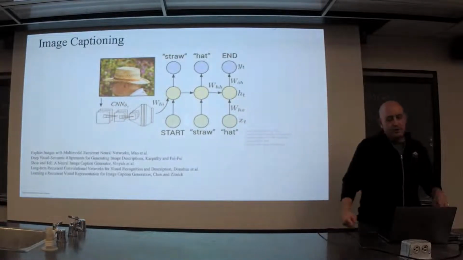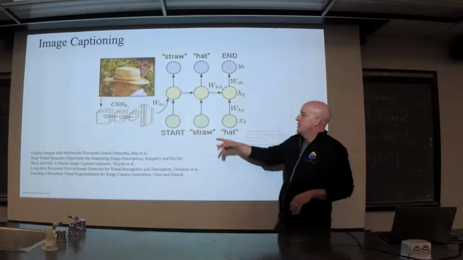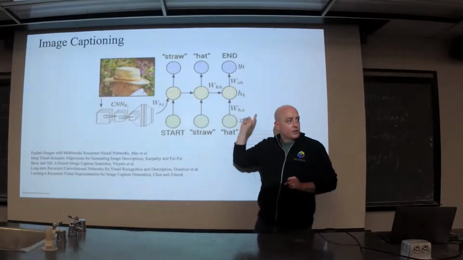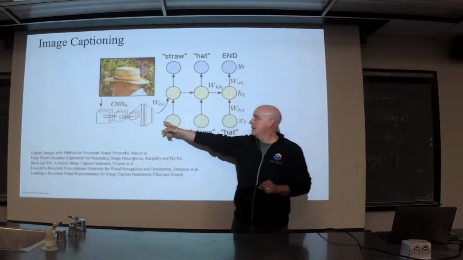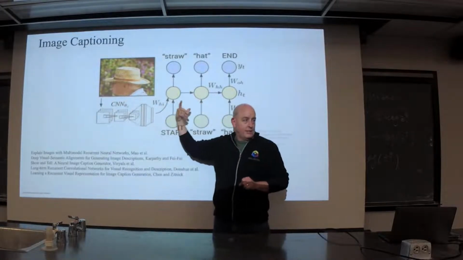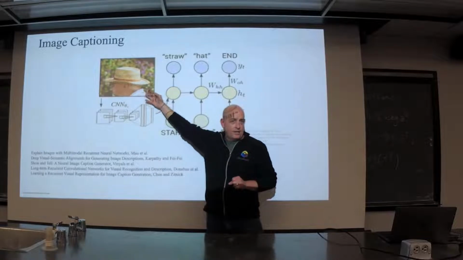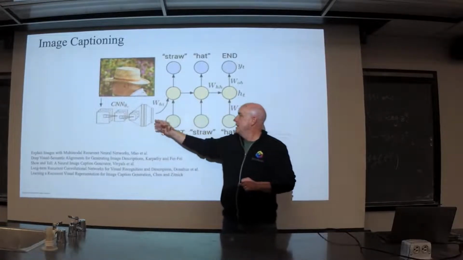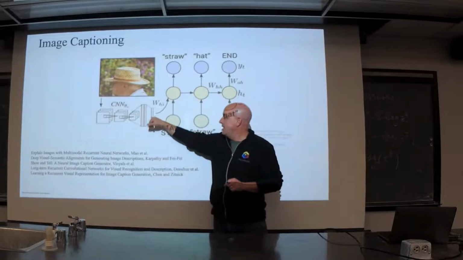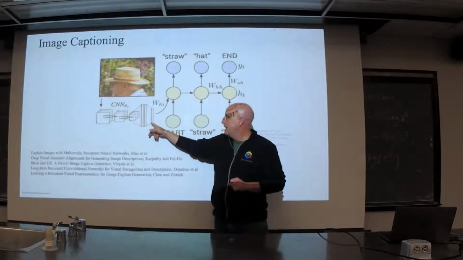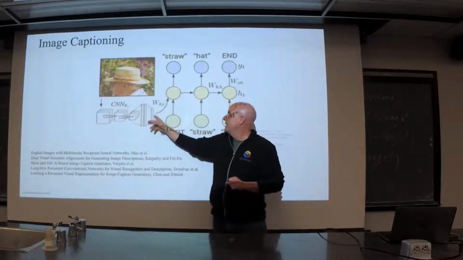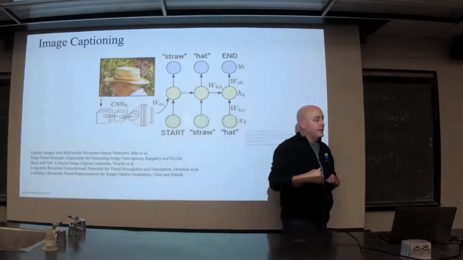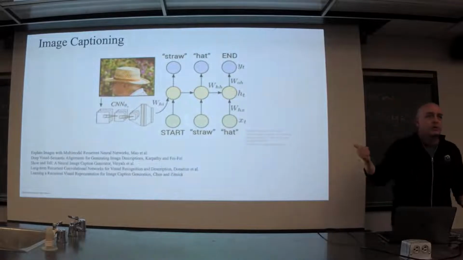Now, if we want to do captioning, the standard approach is to condition a recurrent neural network on that representation. You want what you produce here to depend on what's in this image. The way you do that is you simply feed this representation of the image in as the initial hidden state of your recurrent neural network.